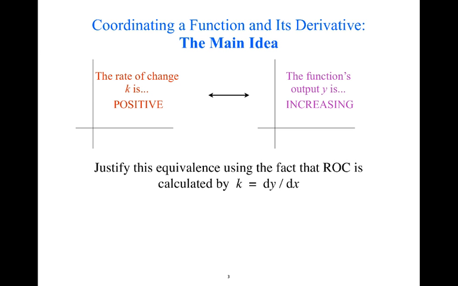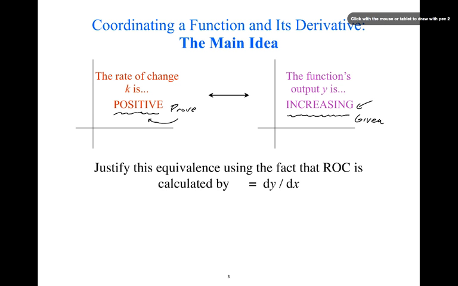So, can you justify that? Can you do a little proof of that? Given that the accumulation function is increasing, can you prove it? Prove that the rate is positive. All right, and here's a hint. We used M. How is M calculated?